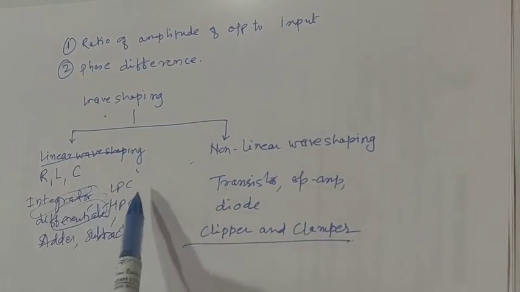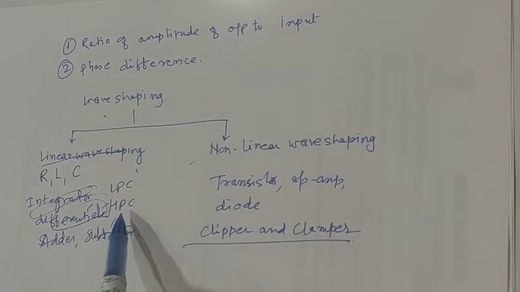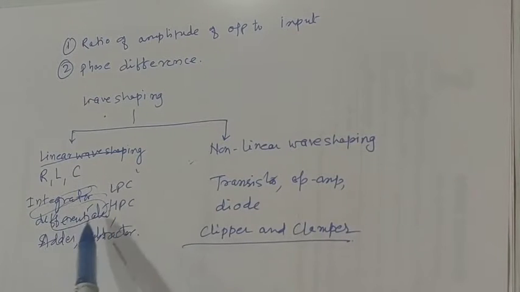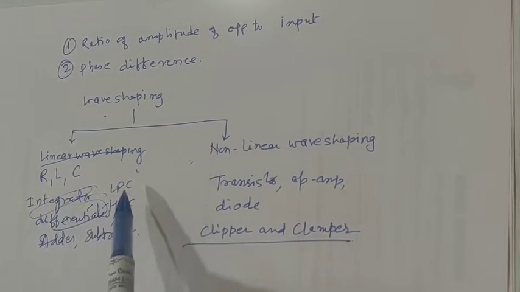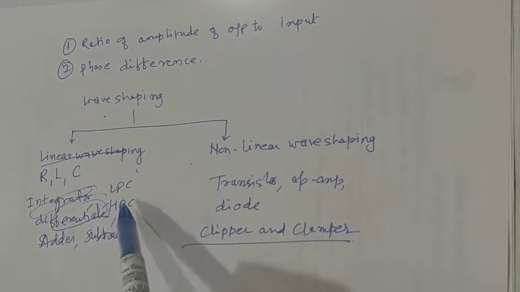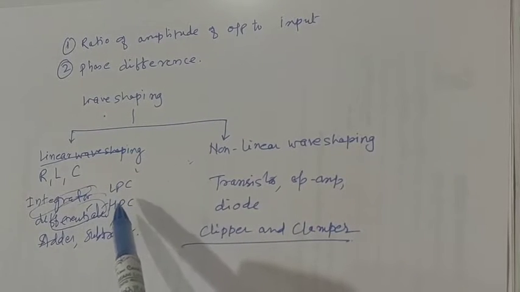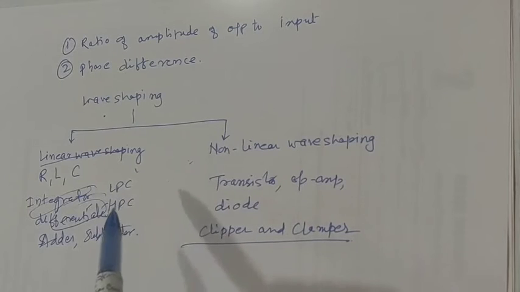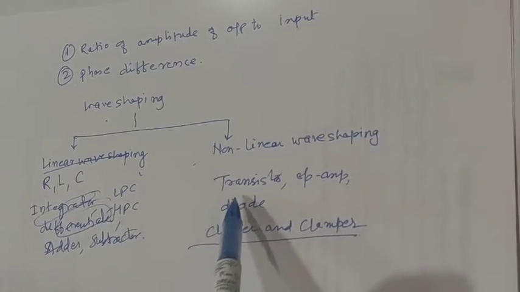So integrator is also called a low pass circuit, differentiator is called a high pass circuit. We will be covering these two types of circuits and we will be applying the signals that we have seen in the earlier slide to these circuits, and we'll try to find how the circuit behaves to those signals.